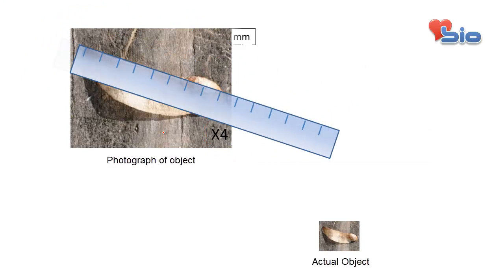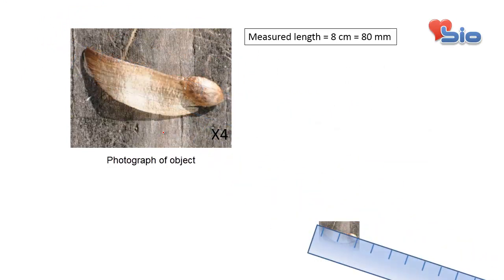In other words, if the length of this image is 8 centimeters, which we immediately convert into millimeters, which is 80 millimeters, that much I'm sure you're aware of, that 1 centimeter is equal to 10 millimeters. And then you measure the size of the original object, which we will call the actual length, which is 20 millimeters.